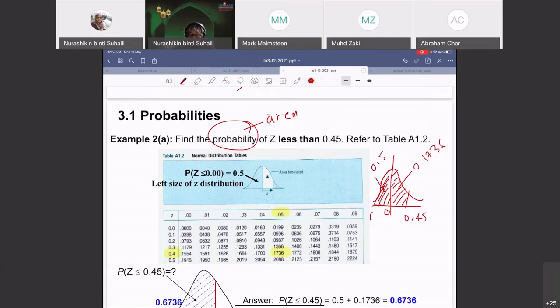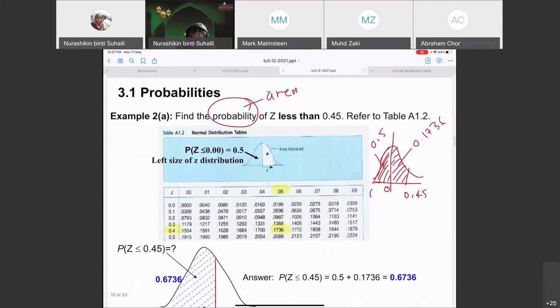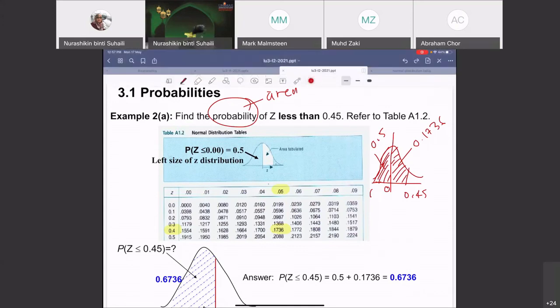For this case, you can solve the values, right, for the probability less than or equal to 0.45, which is equal to 0.5 plus whatever area you got on the right side. So this one is 0.5 and this is 0.1736. So it should be this one.